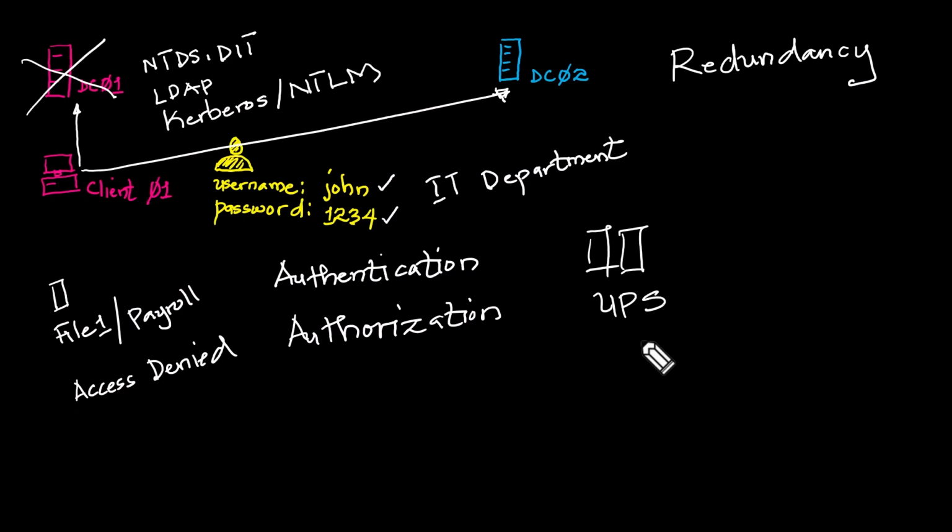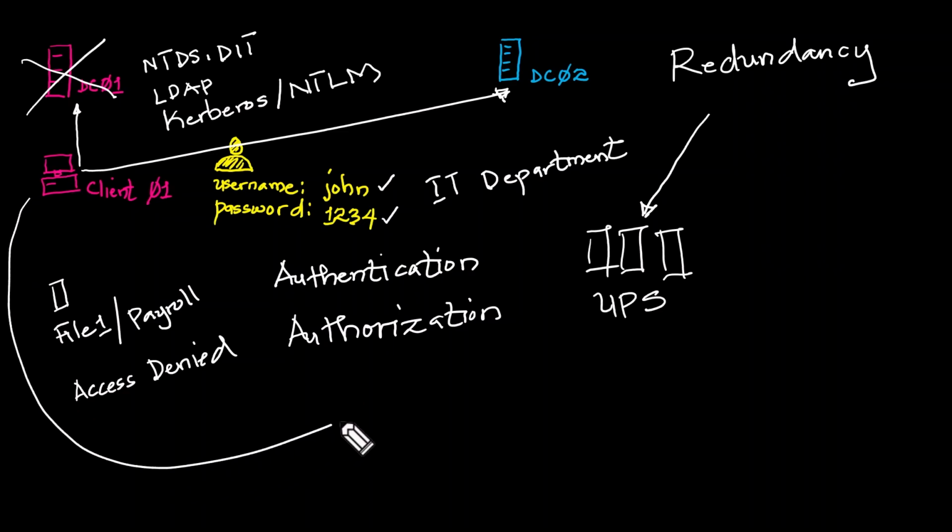UPS simply means uninterruptible power supply. These UPS have batteries in them. So what happens is that the power line gets connected to the UPS, and then all the devices plug into the UPS.